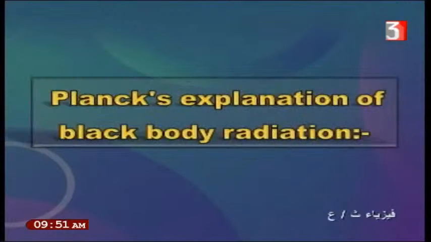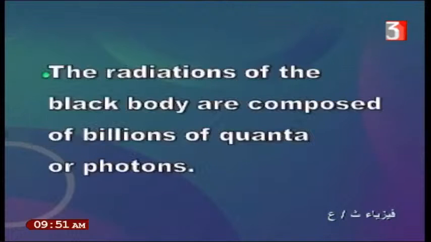Planck's explanation of black body radiation. We want to know how Max Planck managed to explain this problem. The radiation of the black body is composed of billions of quanta or photons.